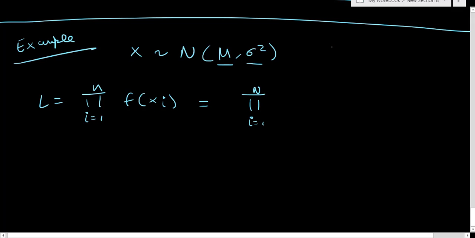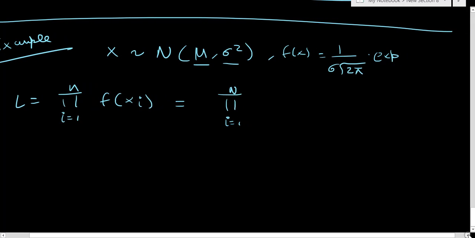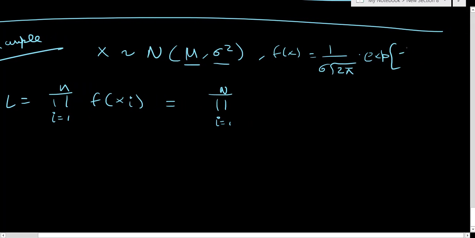So this would be the same as the product for i going from 1 to n. The f of x for a normal distribution, as we know it, is 1 over sigma root 2 pi into the exponential of minus half of (xi minus mu over sigma) whole square.